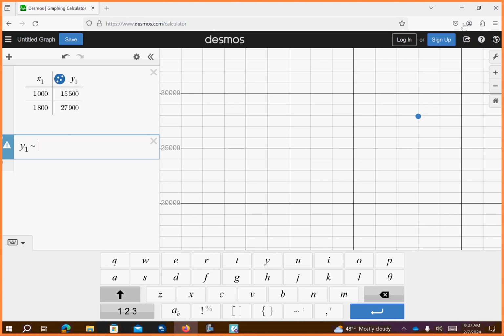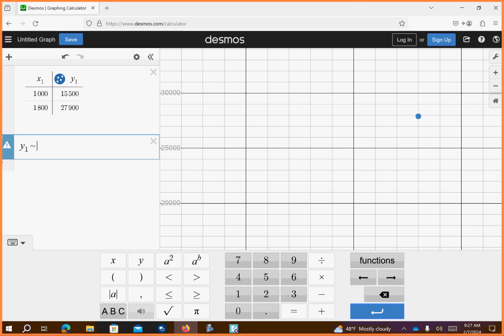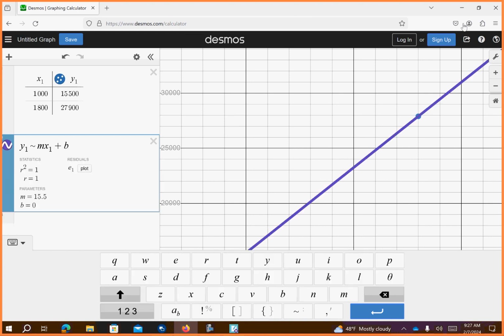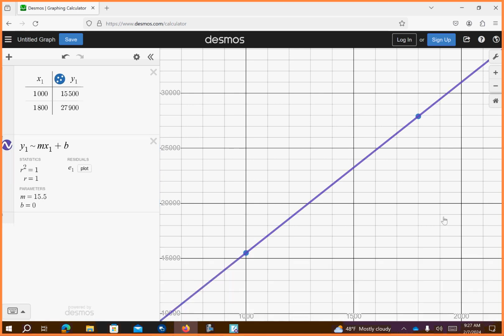All right. And go back here. And then mx sub 1, and then plus b. And lo and behold, that gives you the line of best fit.